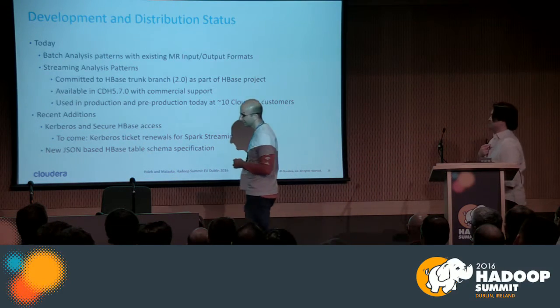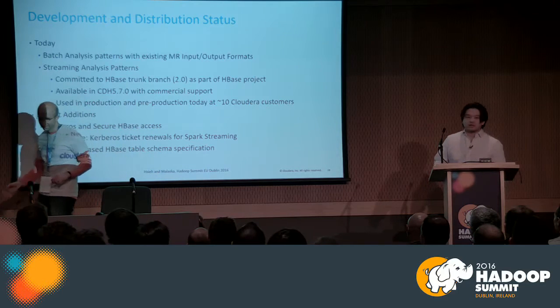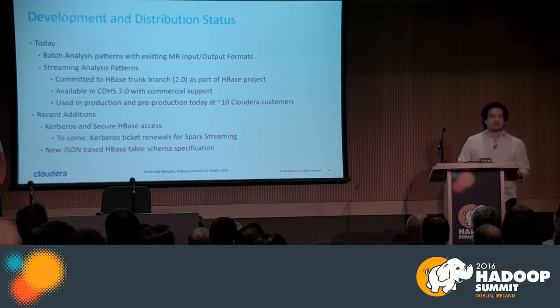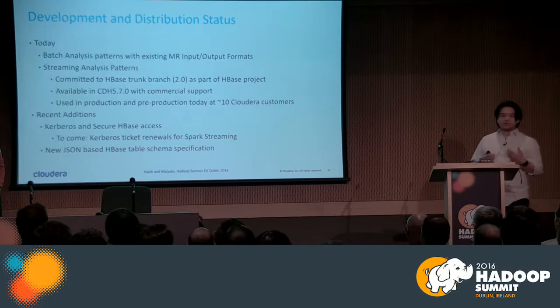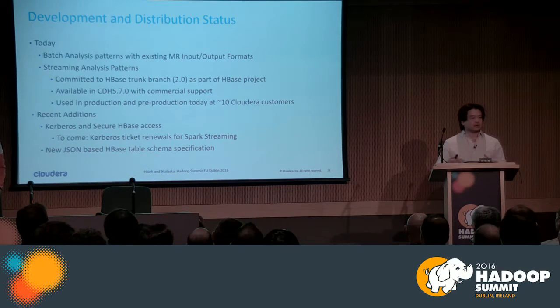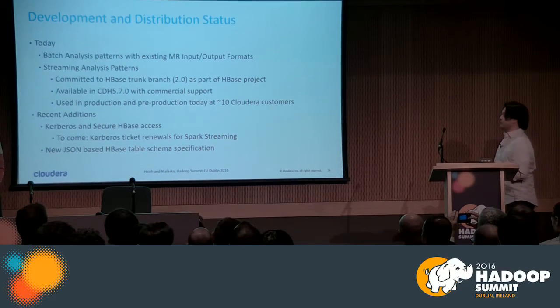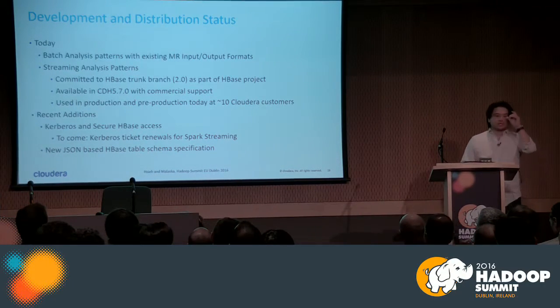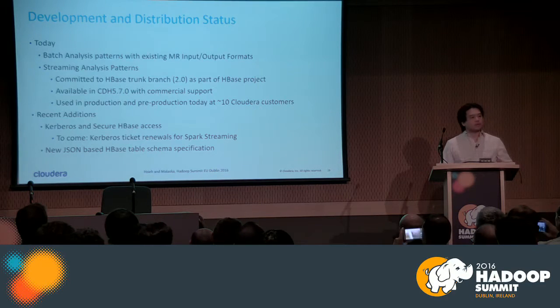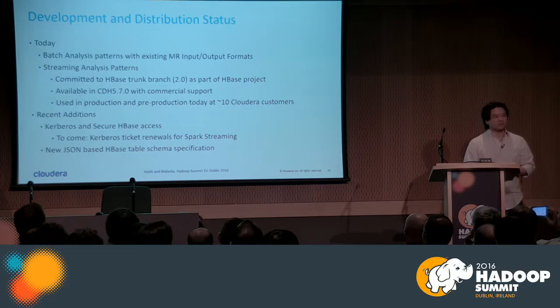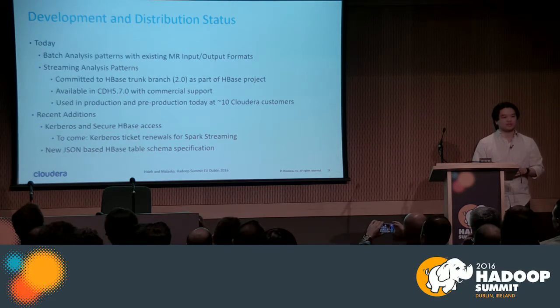All right. Oh, yeah. So, we did a quick summary of the batch analysis that you could have done straight out of the box with Spark. We talked about the streaming patterns that we added, the integrations that we can do, enriching joins with Spark and HBase data. The good news is that this is available upstream in the Apache HBase 2.0 branch today. So this is something that if you were brave, you could go get the master version of HBase and start running with it and start trying.